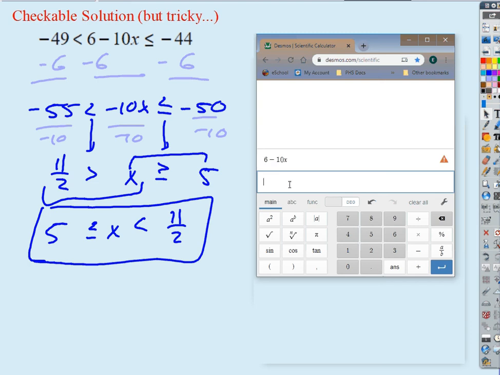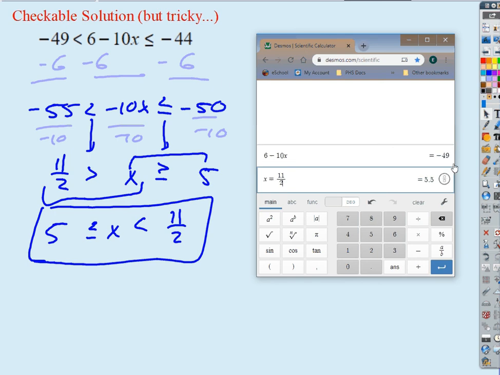And if I plug in the value x equals 5, I get negative 44. Okay? So that makes sense. I got one of the two endpoints when I plugged in 5. What's going to happen when I plug in 11 halves? I get the other endpoint, negative 49, right?